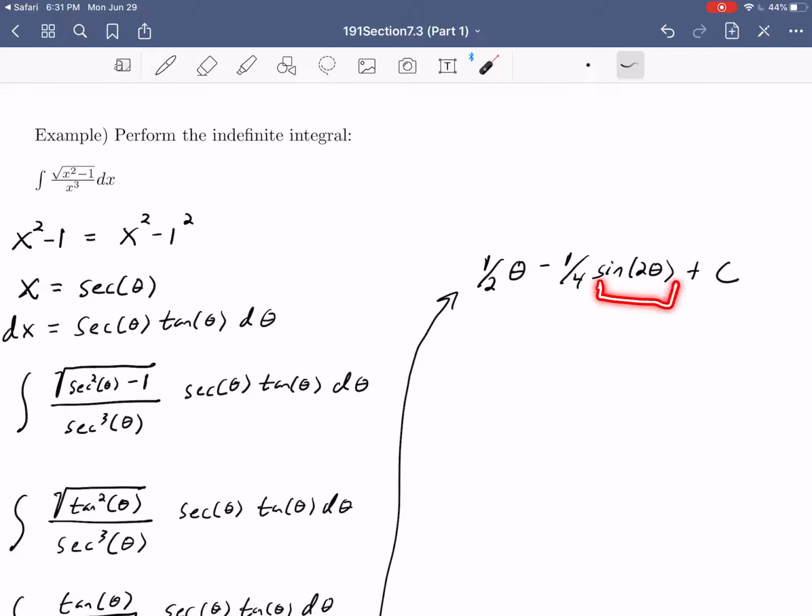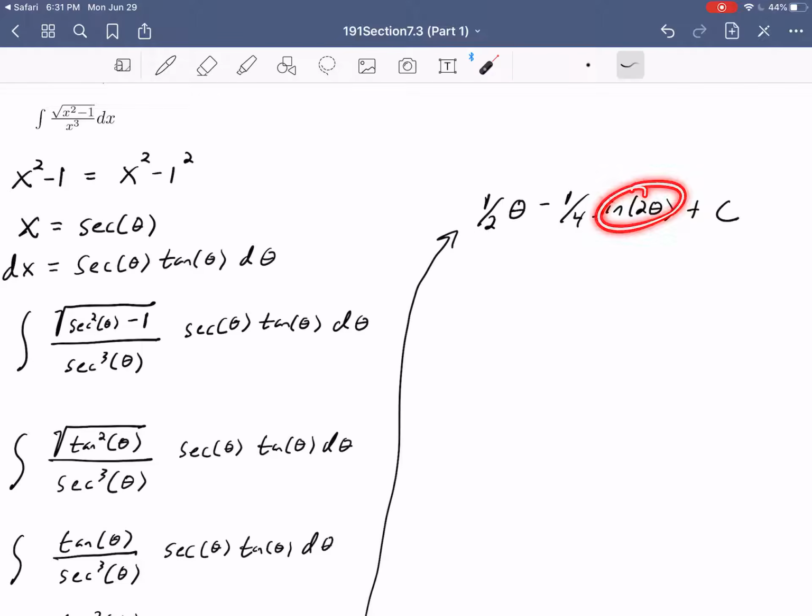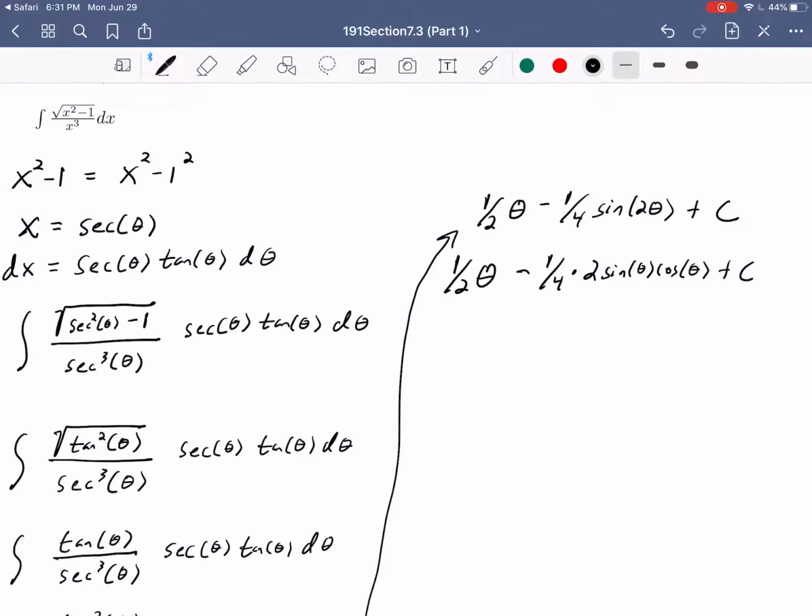So now we're going to use the double angle identity the opposite way to rewrite this in terms of theta. So we can rewrite this 1/2 theta minus 1/4 times 2 sine theta cosine theta plus c. Then we simplify: 1/2 theta minus 1/2 sine theta cosine theta plus c.